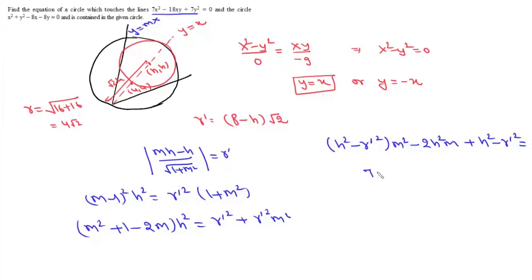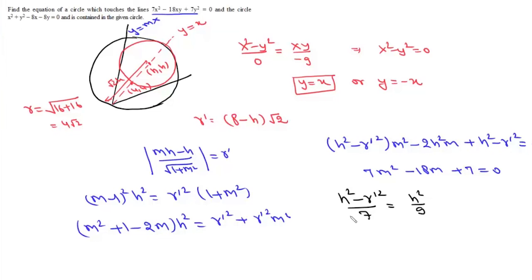Now we can change this pair of lines in slope form by taking y by x as m. Now this equation will be 7m square minus 18m plus 7 equals 0. Now both the equations represent the same pair of lines. That means (h square minus r dash square) by 7 is equal to, now this is minus 2h square upon minus 18, so there will be simply h square by 9, and this again is (h square minus r dash square) by 7.